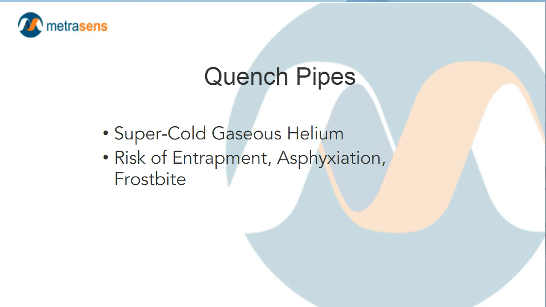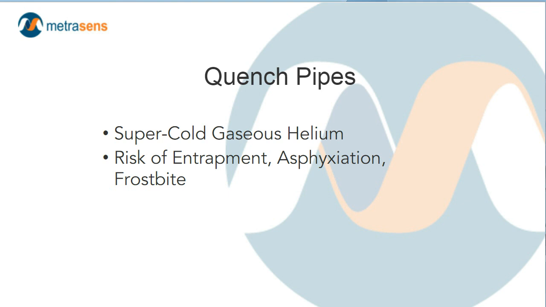And that's the role of a quench pipe, essentially a chimney. It discharges that super cold gaseous helium. And anybody who's exposed to that gas is at risk of being turned into a popsicle. The gas expands as it warms, which means in-swinging doors, if there isn't a pressure relief mechanism, can lead to entrapment inside rooms.